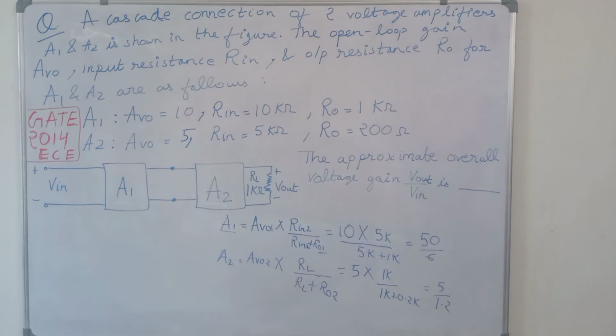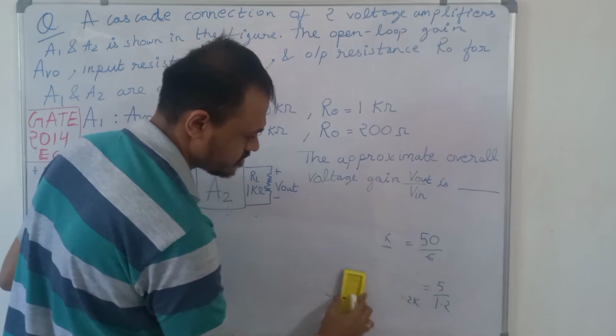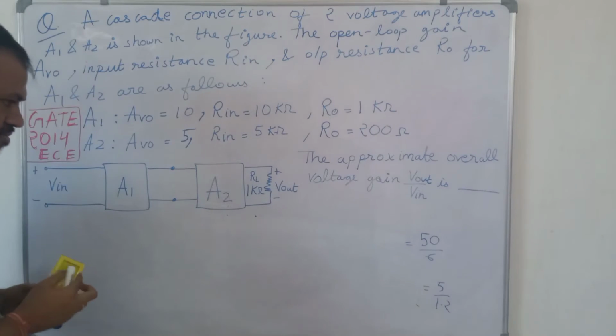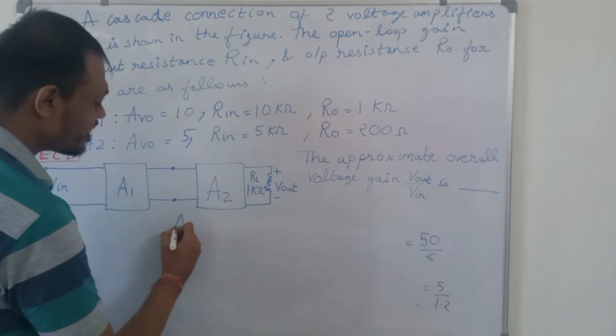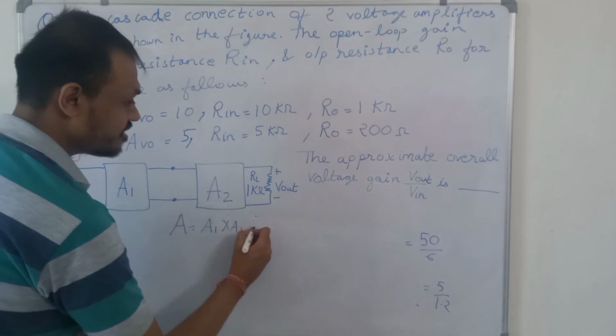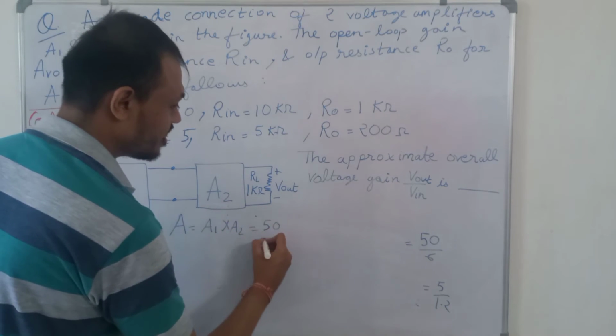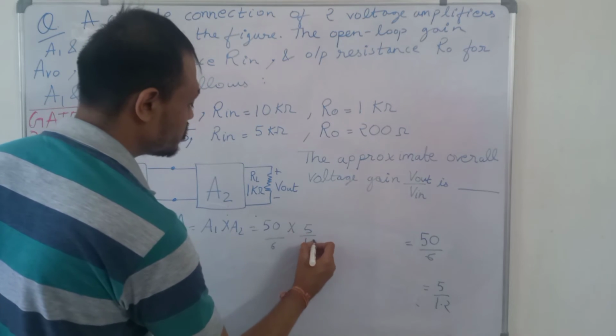Now we have found A1 and A2, so the overall voltage gain will simply be the multiplication of these two. So overall will be equal to A1 into A2. So it will be equal to 50 upon 6 into 5 upon 1.2.